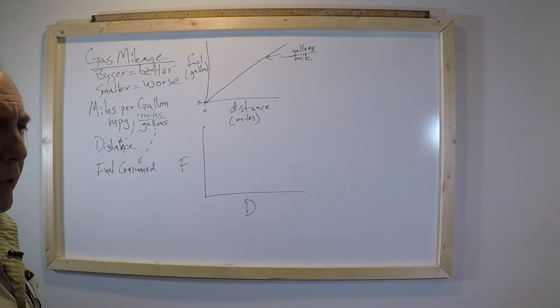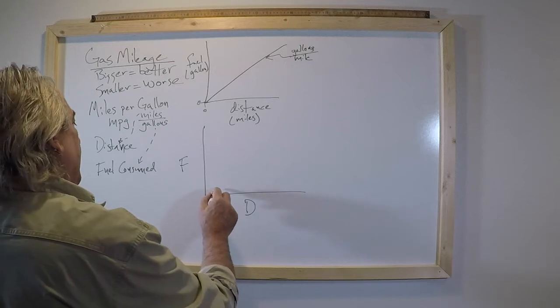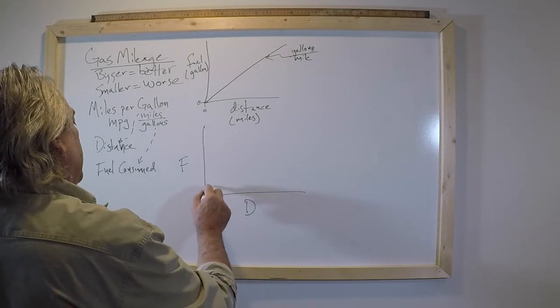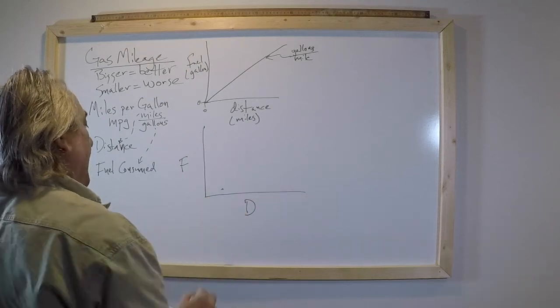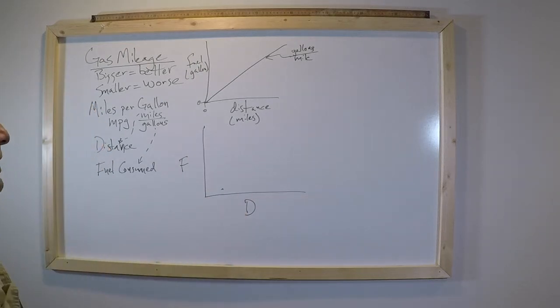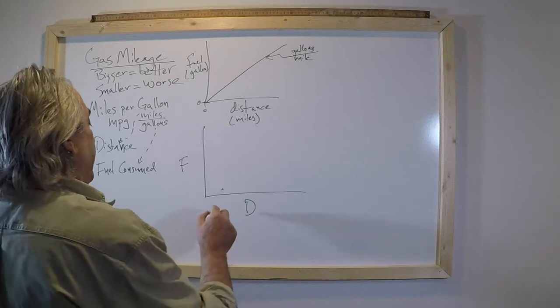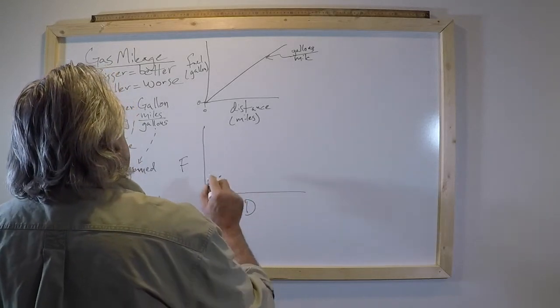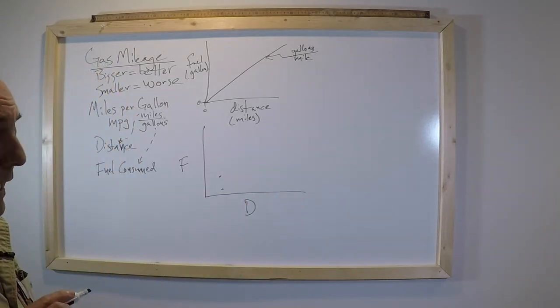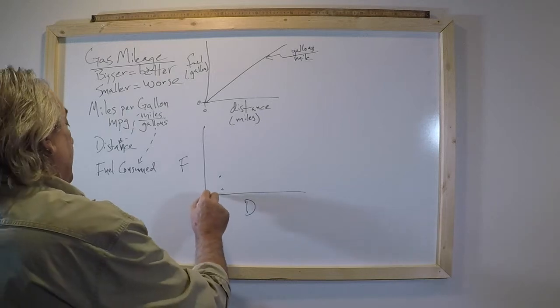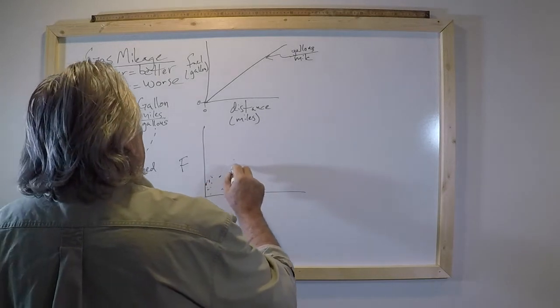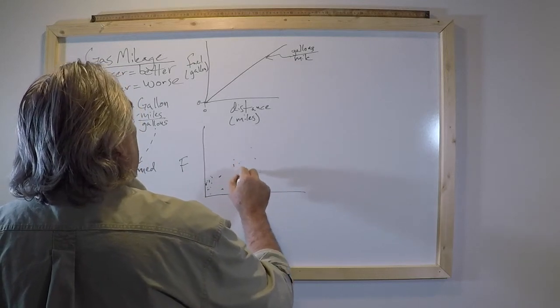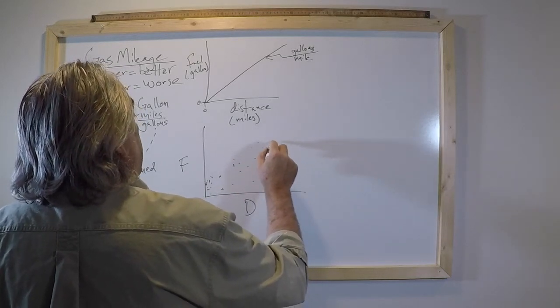And we go for a drive one day, and we drive 20 miles, and we use this much gas. And we go for a drive another day, and we drive 20 miles also, and we use this much gas. And we keep measuring over and over again how much gas we use when we go a certain distance.